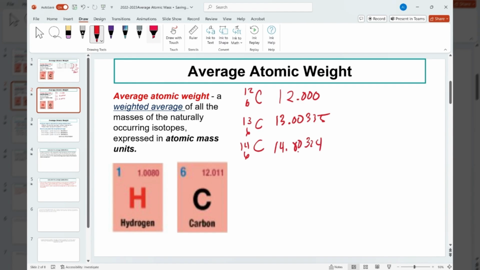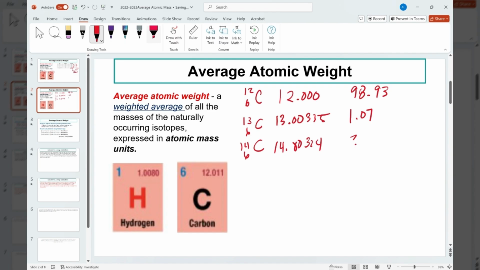Of course, carbon-14 is going to have a bigger mass because it has more neutrons. Now, carbon-12 has a percent abundance of 98.93%. Carbon-13 has a percent abundance of 1.07%, and carbon-14 is found so rarely that there is not a percent abundance.